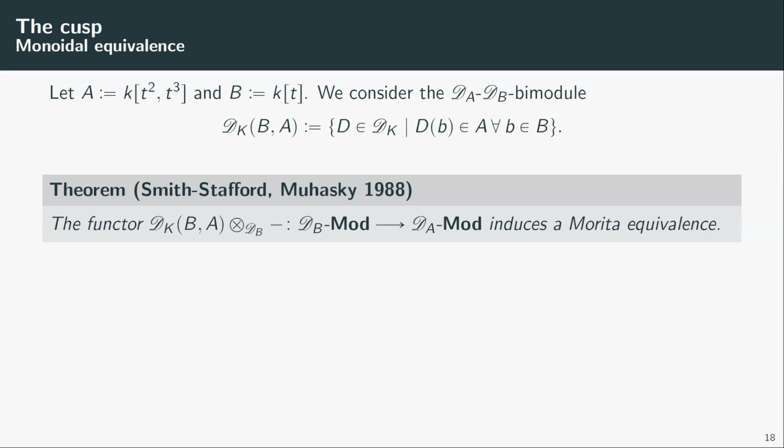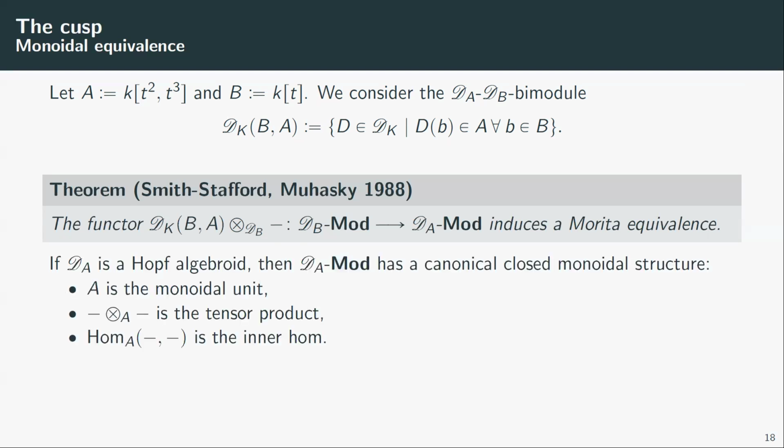But we do know that both D_B and D_A are Hopf algebroids here. So in terms of their categories of modules, being a Hopf algebroid means that there exists a canonical closed monoidal structure on this category. Saying it not precisely, this means that the base ring A is the monoidal unit.